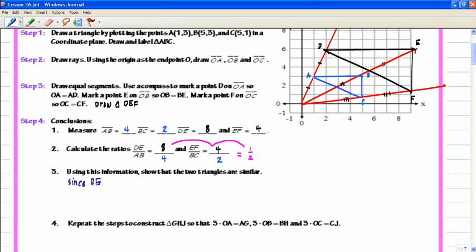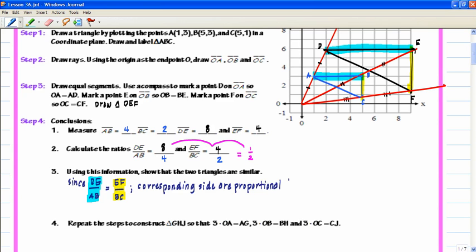Since DE to AB is the same proportion as EF is to BC, corresponding sides are proportional. Each of them was twice the other.